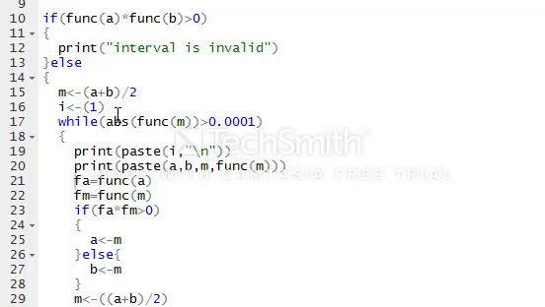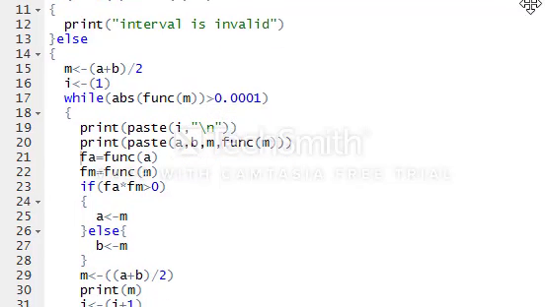So, while the absolute value of function of m is greater than 0.0001, this line states that if the function of m is greater than this value, then we still have to calculate the value of m, that is the value of the root. Otherwise, if the value is less than this, then we have approximately found our root.